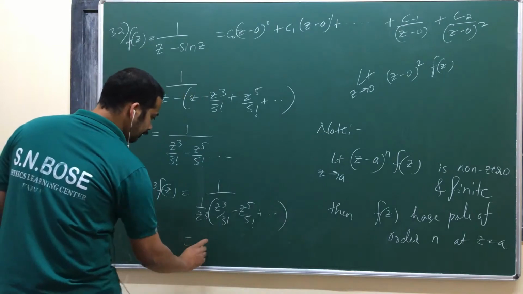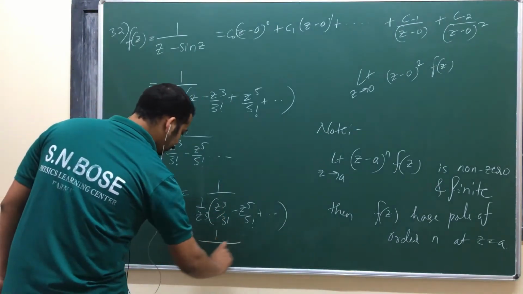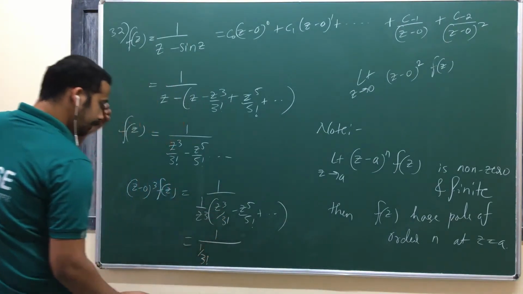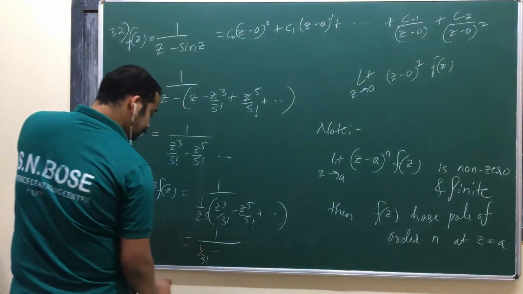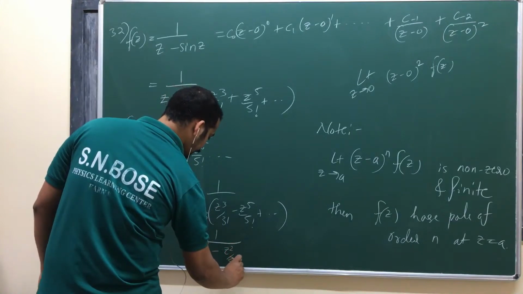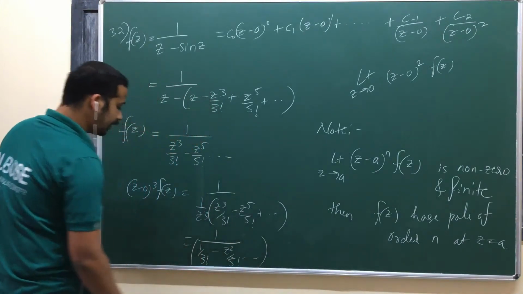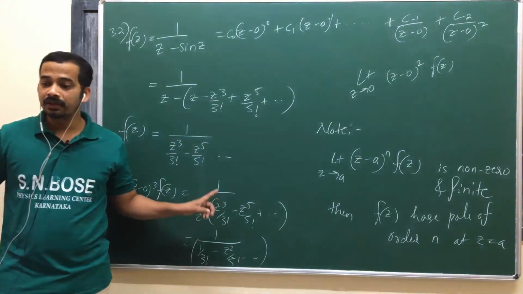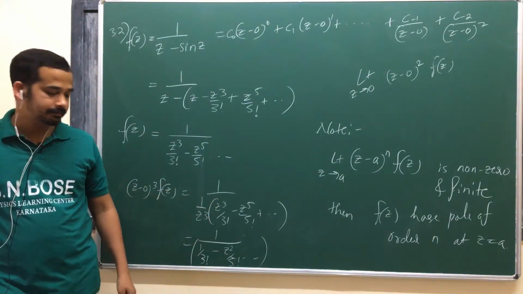When you take it inside, 1 by 3 factorial minus z square by 5 factorial and so on. Now, if you take the limit as z tends to 0, this is non-zero and finite.